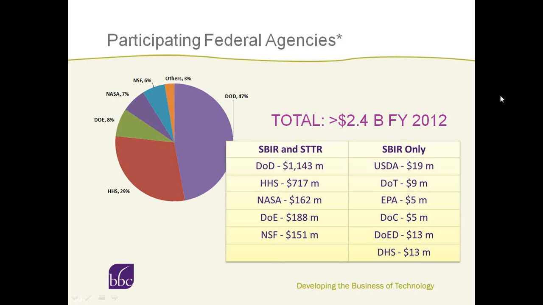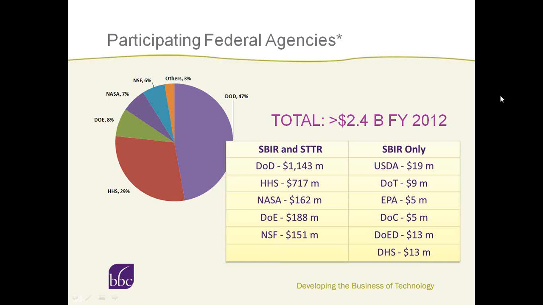The Health and Human Services is primarily NIH, so the two, DoD and NIH together, constitute over 80% of the SBIR funds, but NASA, Department of Energy, and National Science Foundation also have significant size programs.